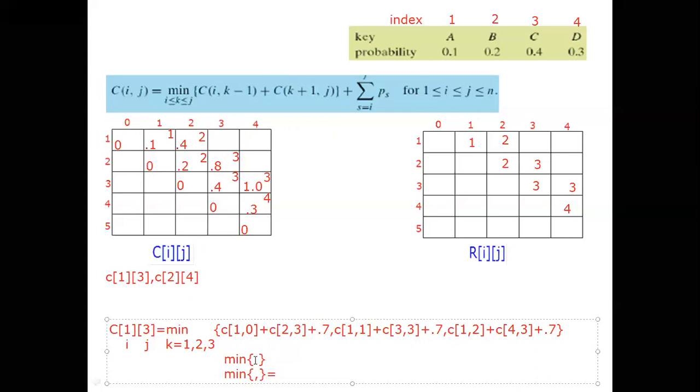It is 0. 0 plus C of 2, 3, it is 0.8, plus 0.7. We write 0.7 as it is, comma, C of 1, 1. What is the value? It is 0.1.